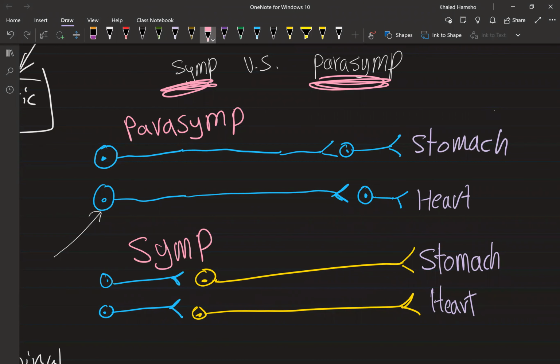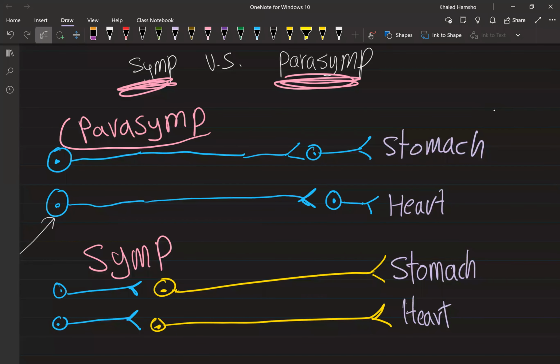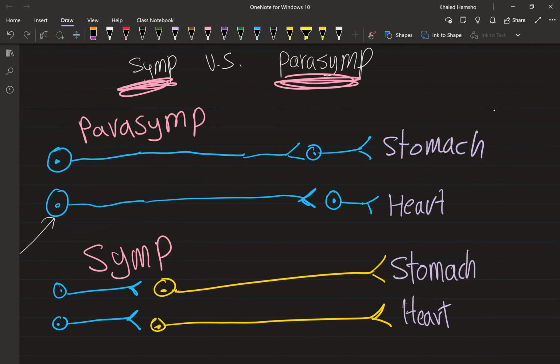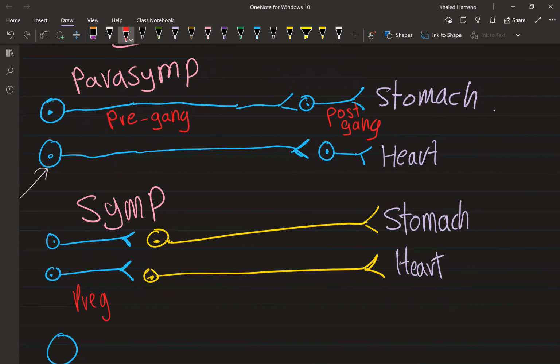As we know, the parasympathetic system and the sympathetic system, or the autonomic system, consist of two sets of neurons, a pre-ganglionic neuron and a post-ganglionic neuron. Same thing over here, pre-ganglionic, and this is post-ganglionic.